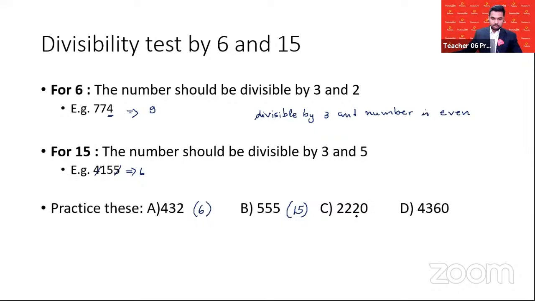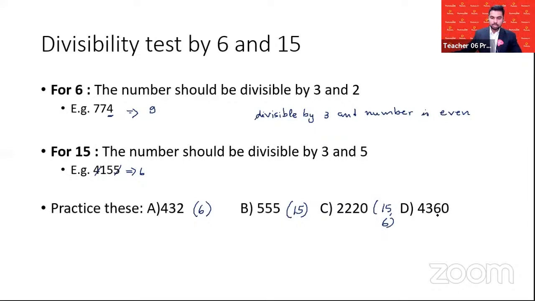What about the third example? 222, digit sum is 6. And the ending digit is 0, which means that we can have this entire number divisible by 15. What about 6? This is an even number, and it also has a digit sum which is 6. So that test also satisfies.